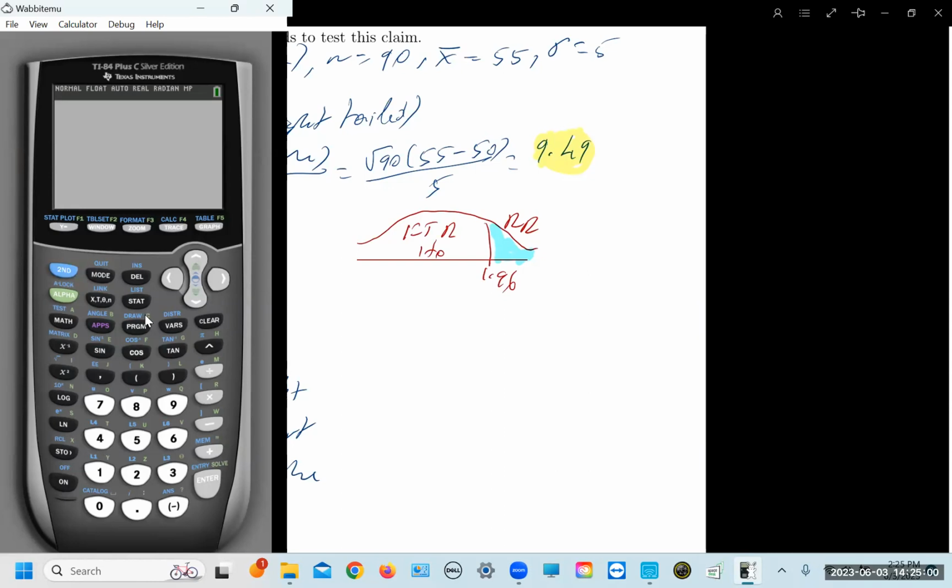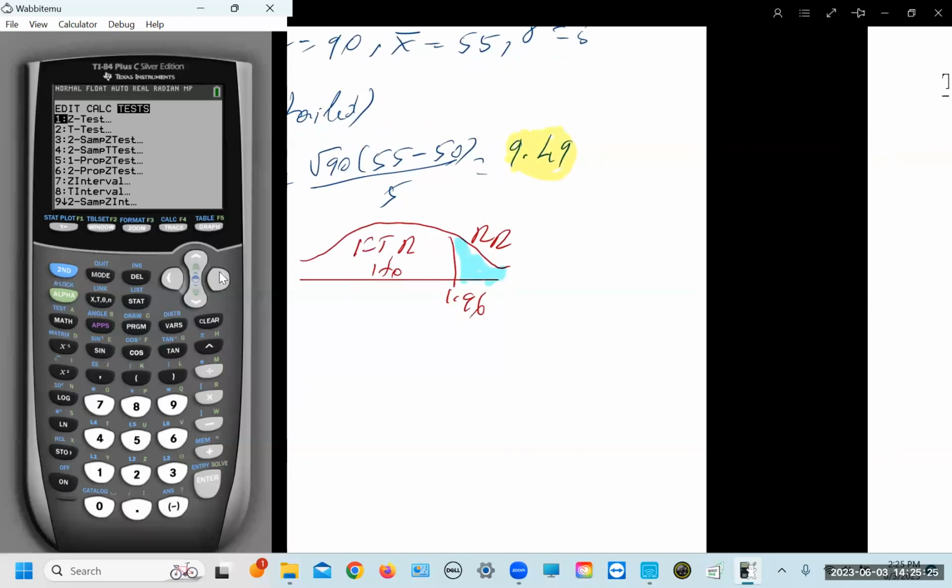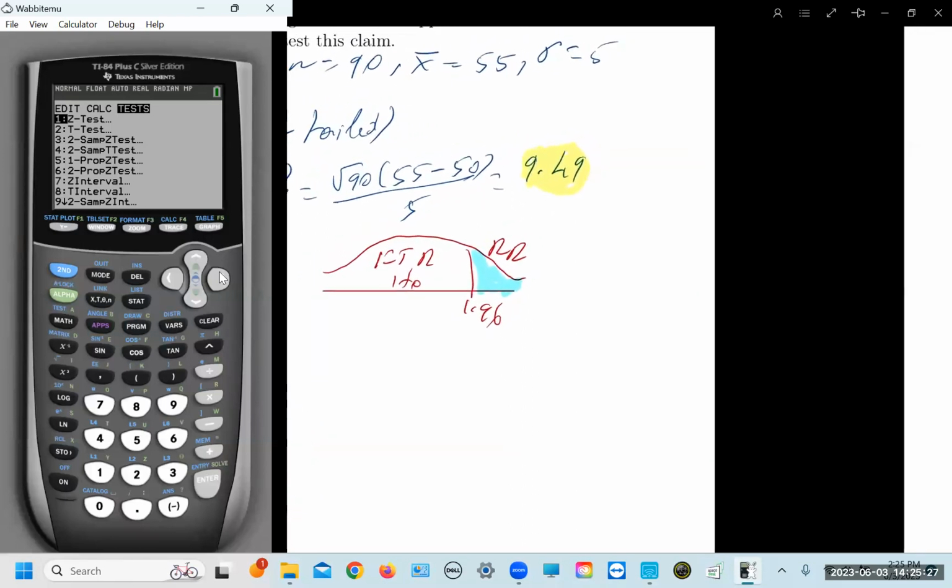Second, start. No, not second. Start. There you go. Sometimes I forget, so sorry about that. So we do start.